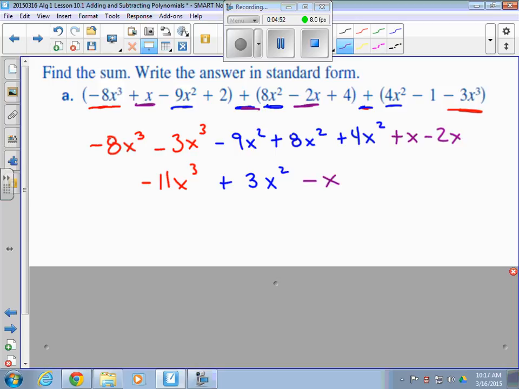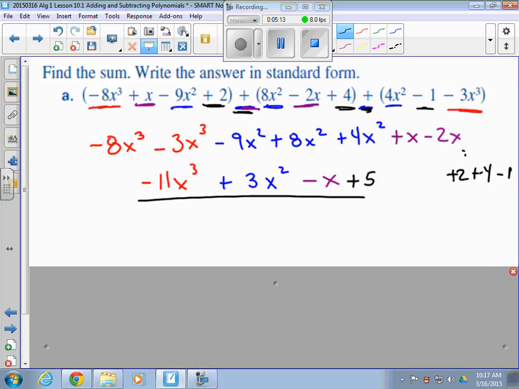And then finish it off with your constant terms, 2 plus 4 plus a negative 1, which means minus 1. 2 plus 4 is 6, and 6 minus 1 is positive 5. So this is your polynomial written in standard form when you combine it.